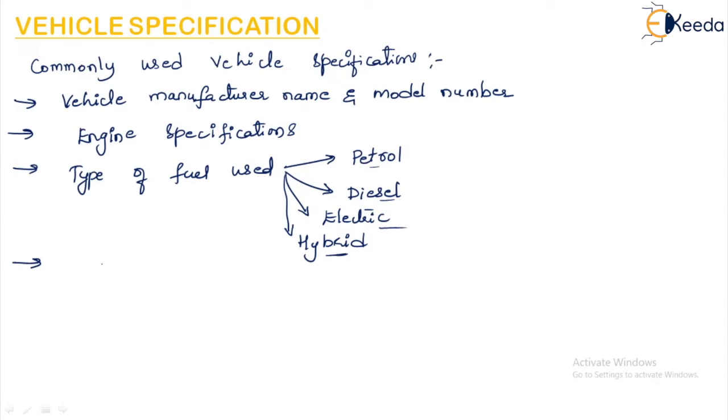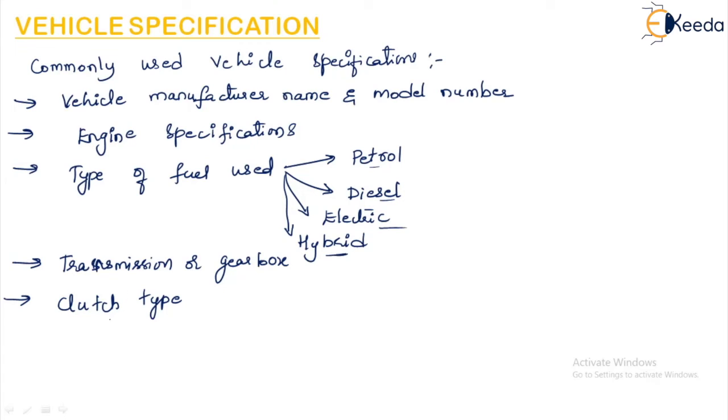Then transmission or gearbox specification. So when we study the details of this gearbox, then we will know what that actually means. Then we have the clutch. So clutch type. There are different types of clutches. So what type of clutch is being used will also help us to identify or specify a particular vehicle.